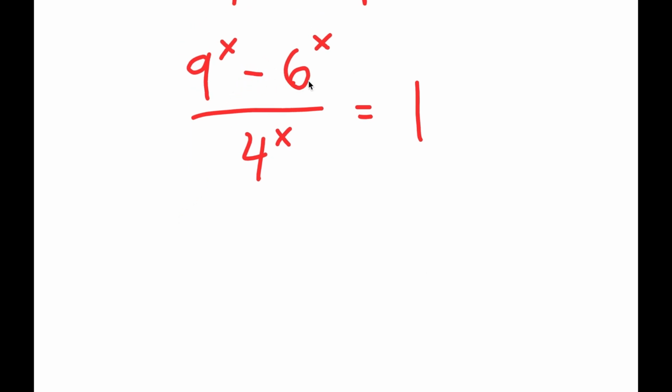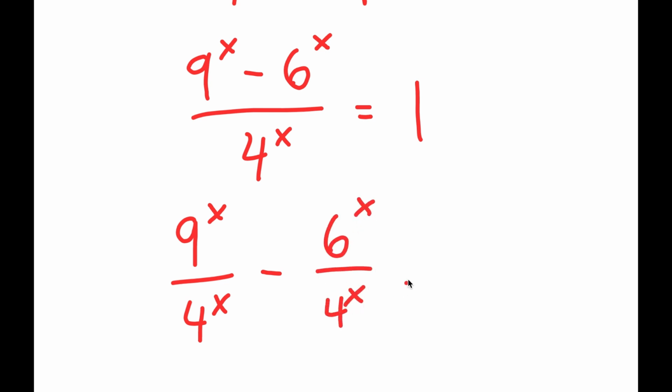Now 9 to the power of x minus 6 to the power of x over 4 to the power of x is the same thing as 9 to the power of x over 4 to the power of x minus 6 to the power of x over 4 to the power of x. And this is all equal to 1.